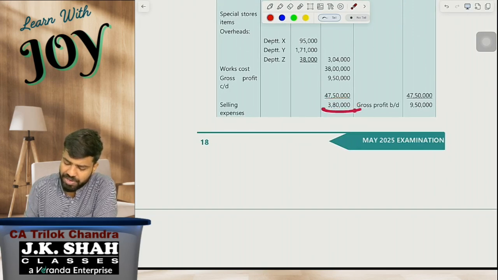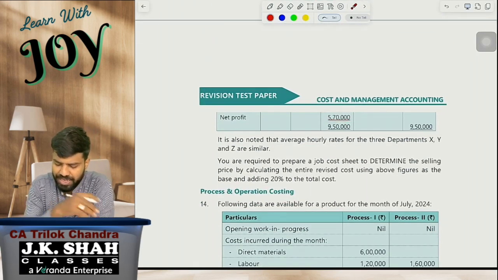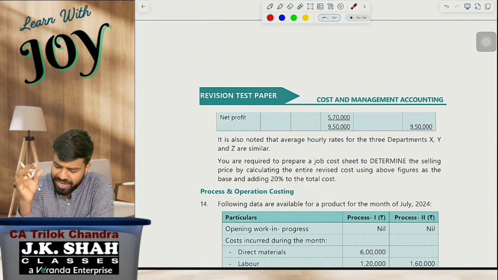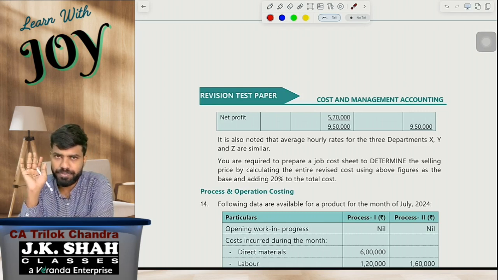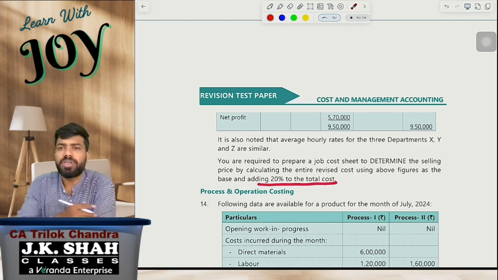From the gross profit, they reduced the selling expenses so that they got the net profit of 5,70,000. It is also noted that average hourly rate for the three departments X, Y, and Z are similar. Average hourly rate. You are required to prepare job cost sheet to determine the selling price by calculating the entire revised cost using above figures as the base and adding 20% to the total cost.